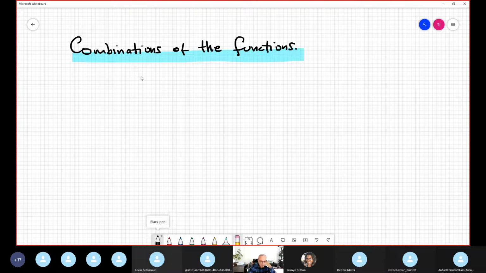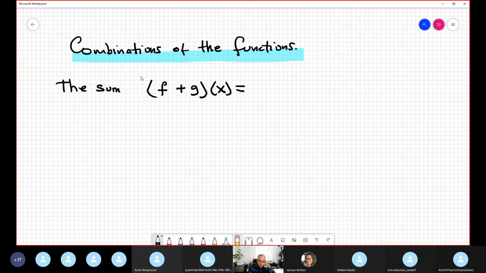Combination how? We're using the arithmetic operations, addition, subtraction, multiplication, and division, and composition is the last one to use. For example, the sum. The symbolic way to indicate this is using this notation, f plus g of x. By the way, this is equivalent to saying f of x plus g of x. Super easy, just addition. This is a new notation.